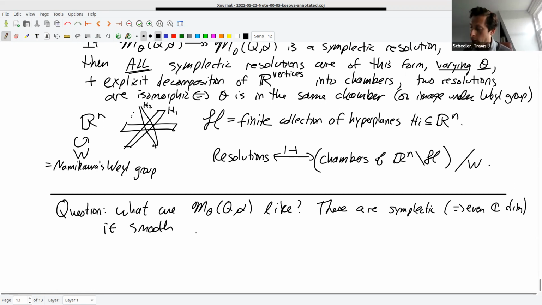And in nice cases, they will be smooth for generic theta. And I didn't say what theta was either, but it's a stability parameter. So depending on what theta is, we don't look at all representations, we look at the stable ones.